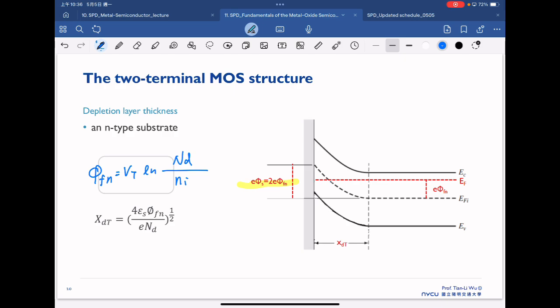And in this case, the EF is now much closer to our EV. So we start to have the hole inversion here.